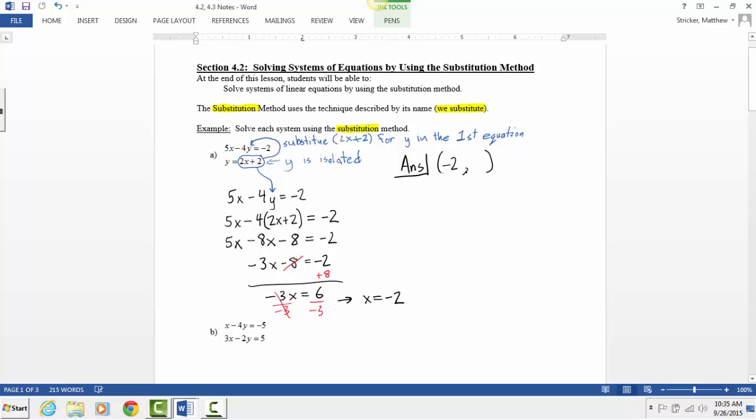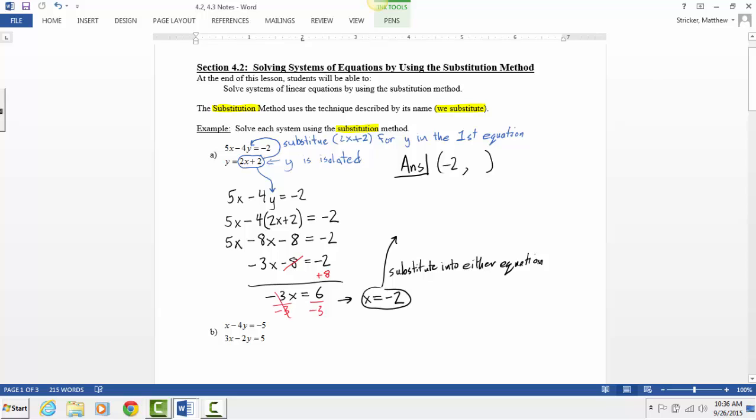Now we have to find the y, and this is where we substitute again. And you can substitute back into either equation. We can take this and substitute into either equation.